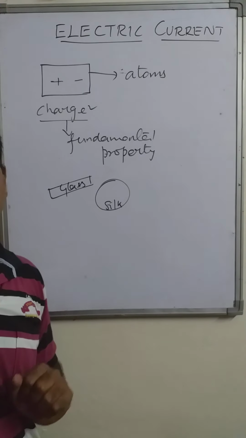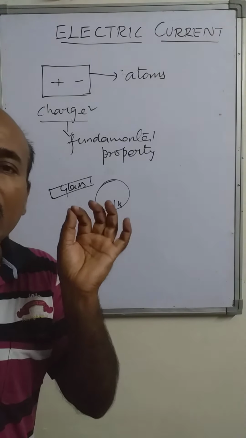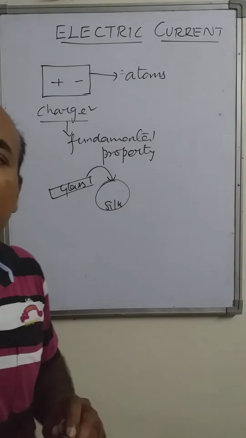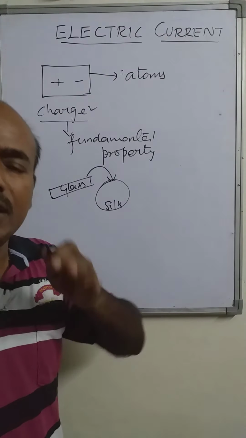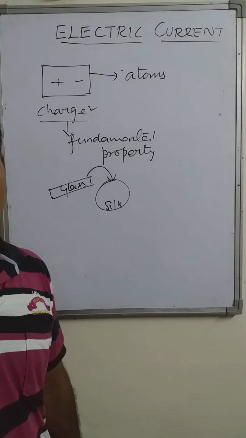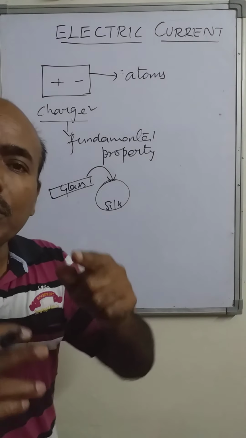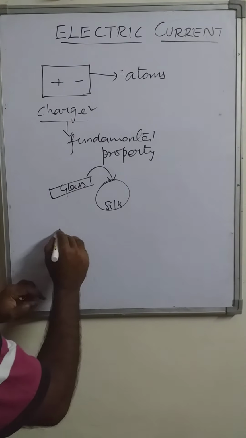In the pair of glass and silk, the electron is transferred from glass to silk. Glass loses the electron, silk gains the electron. After this transfer of electron, both glass rod and silk become charged.